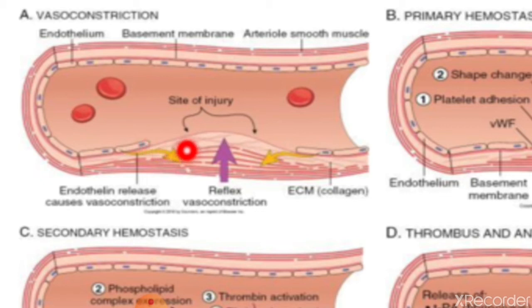And the other factor is the myogenic contraction of the smooth muscle. So all these factors cause vasoconstriction to decrease the lumen of the blood vessel, and then decrease the amount of blood loss through the site of injury.